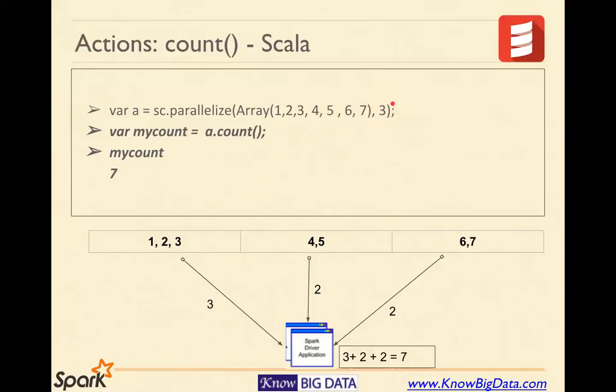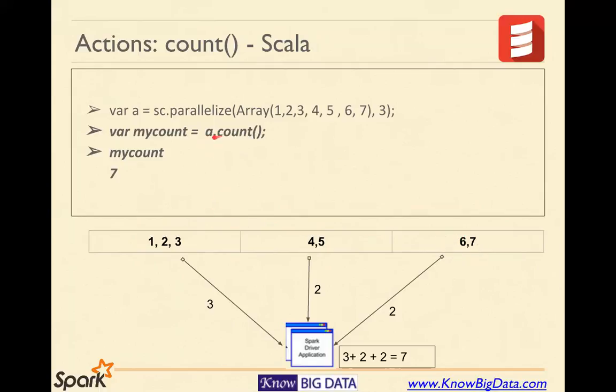I forgot to mention this, that you can explicitly tell Spark to have that many partitions. Even while loading data from HDFS or from in-memory, you could tell how many partitions you want. Here we are saying 3 partitions: 1, 2, and 3. This partition contains 3 records, this one 2 records, and this one 2 records.